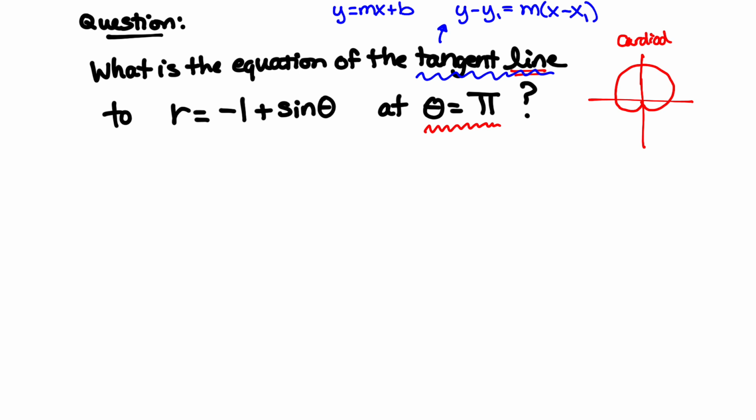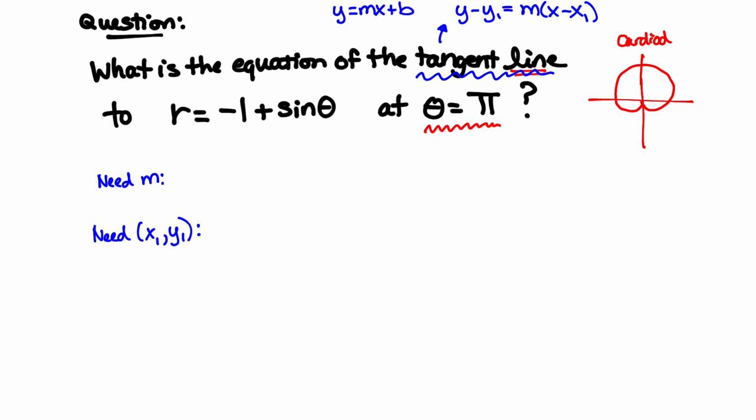Which one do you guys want to get first? Slope? Zach says slope. Let's get slope. Okay. What is the slope of a tangent line, from Calculus 1? What is that equivalent to?